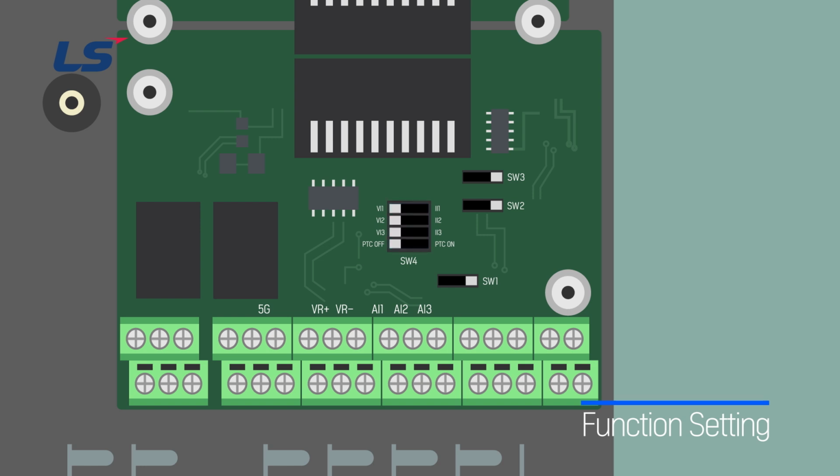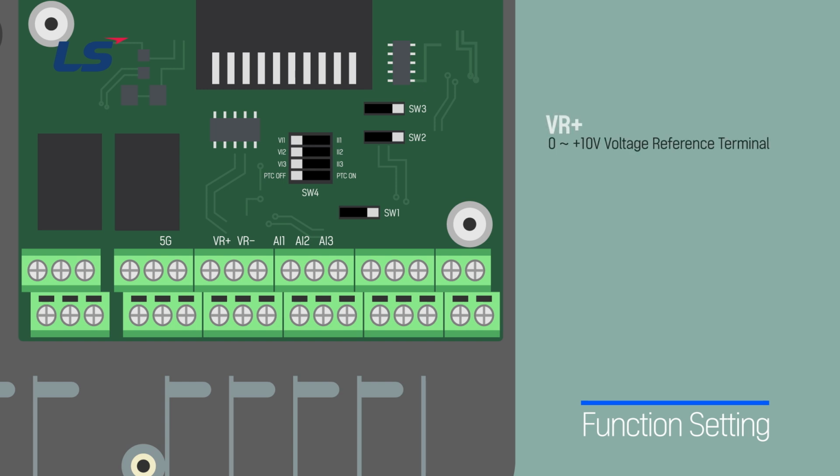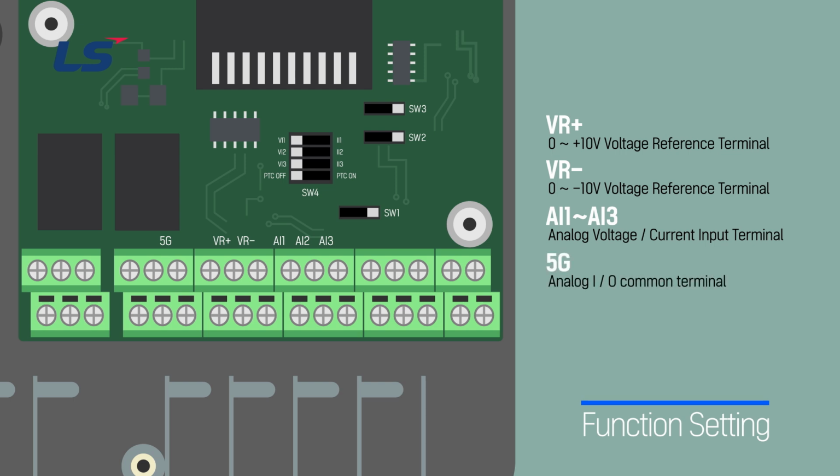The factory default settings are that AI1, AI2, and AI3 are all set to voltage, so if you wish to select current, change the switch setting. The terminals related to analog input include VR+, VR-, AI1, AI2, AI3, and the 5G terminal.